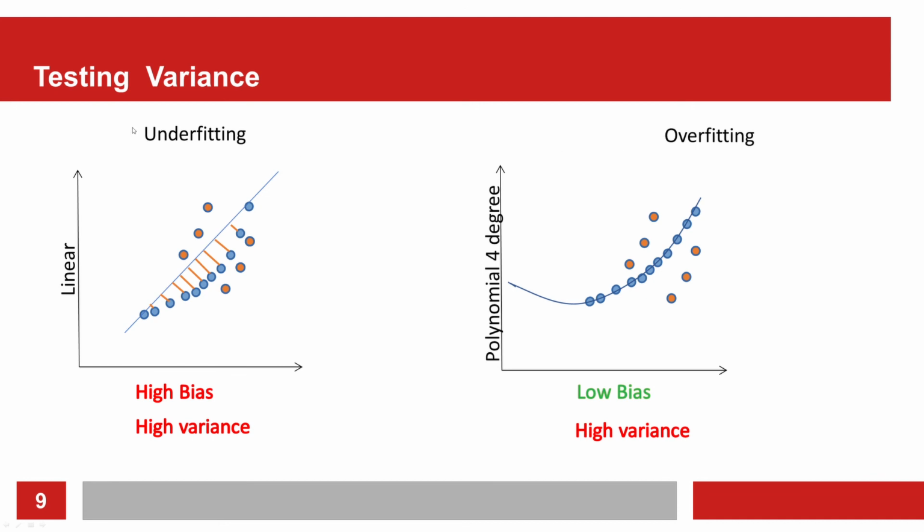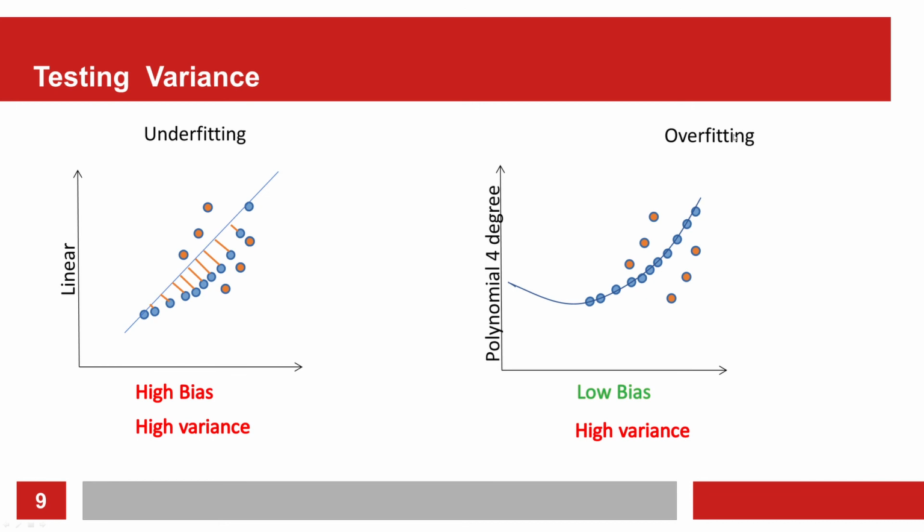To handle underfitting, you should add other features, for example, polynomial features of degree 2, 3. There is no fixed rule for when to stop the polynomial degree, it's based on your data.